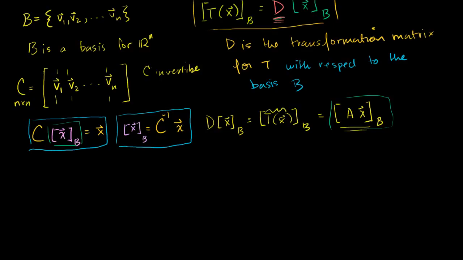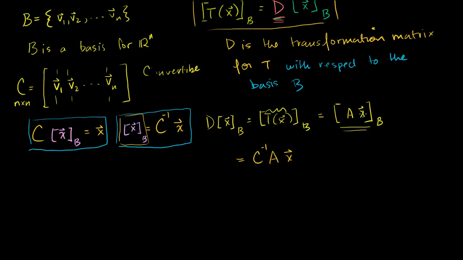Actually, no, I was looking at the right equation the first time. We have this right here, which is the same. First intuition is always right. We have this, which is the same thing as this right here. So this can be rewritten as C inverse. We don't have an x here. We have an Ax here. So C inverse times Ax. Right?